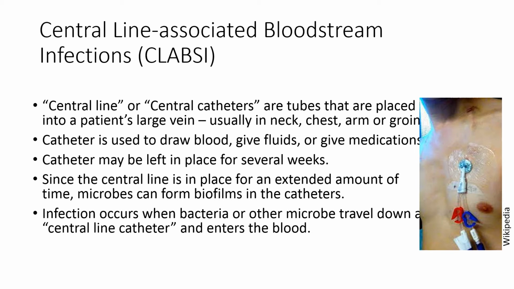Because the catheters are left in place for extended amounts of time, biofilms sometimes form on them and become a source of infection. Central line associated bloodstream infections cause serious infections, and they occur when bacteria or some other microbe enter the bloodstream via that central line.